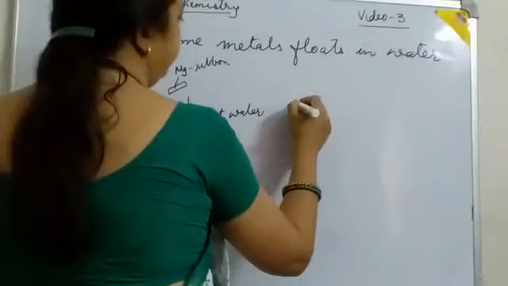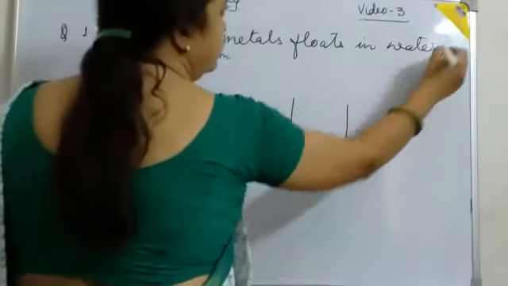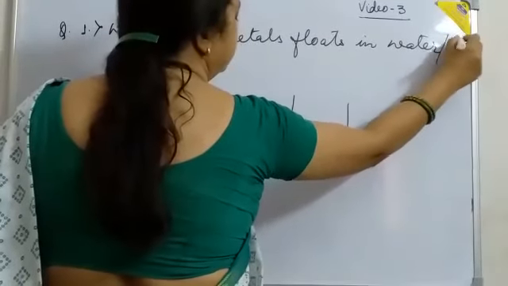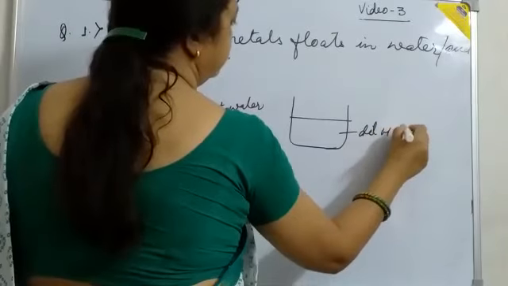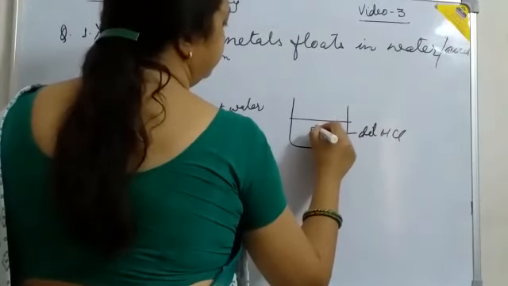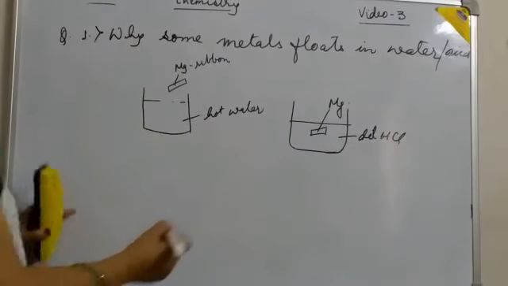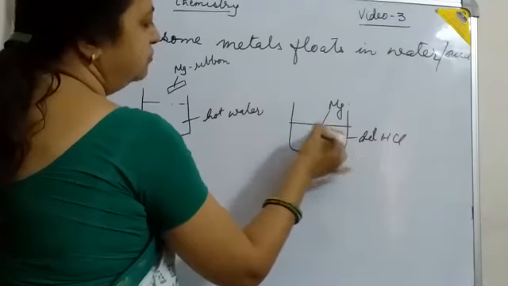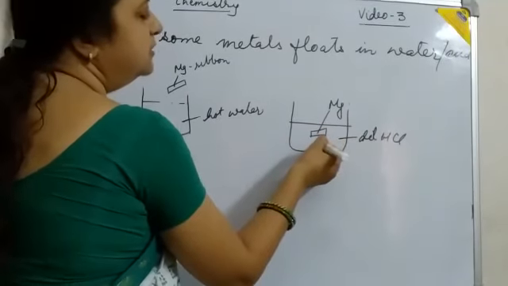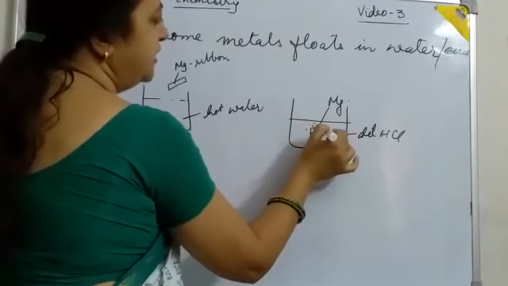Or if you place a piece of magnesium ribbon in dilute HCl, it starts floating, because as soon as you drop the magnesium ribbon into the hydrochloric acid, it starts reacting and hydrogen gas is formed.